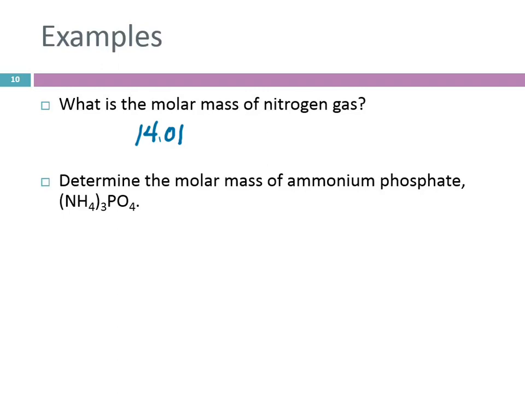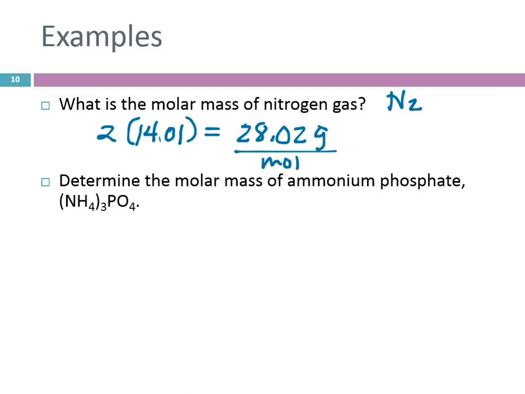Nitrogen gas has the formula N2, so we need to multiply this by 2. The molar mass of nitrogen gas is 28.02 grams per mole. That's another way to write it. It means exactly the same thing. So those 7 diatomic elements, we need to remember that when they are by themselves, their formulas have a 2 subscript.